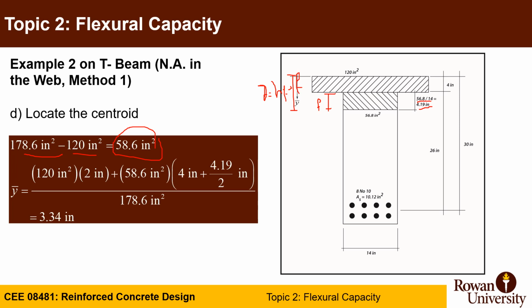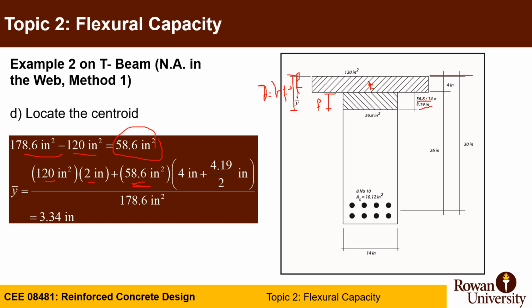You can also calculate the neutral axis of those areas from the top, for example. The area of the flange is 120. You can multiply by 2. Distance from centroid of this flange to the top is 4 divided by 2. And the other area is 58.6 inch squared.